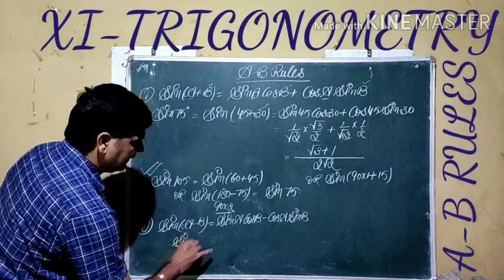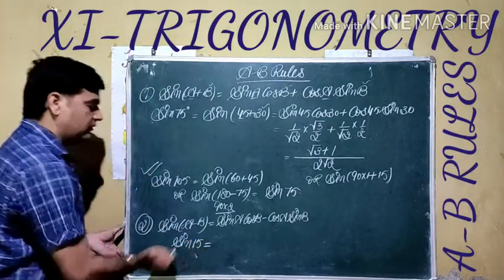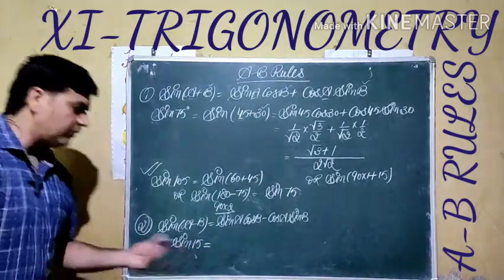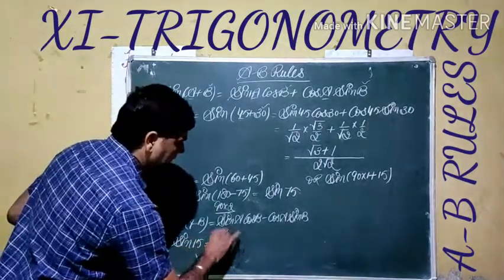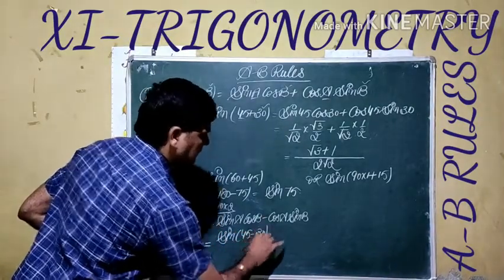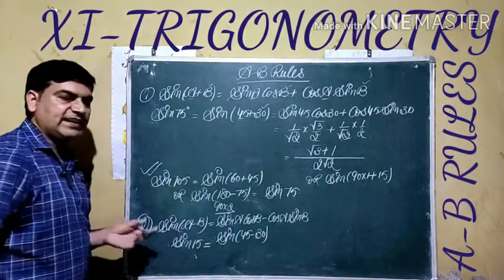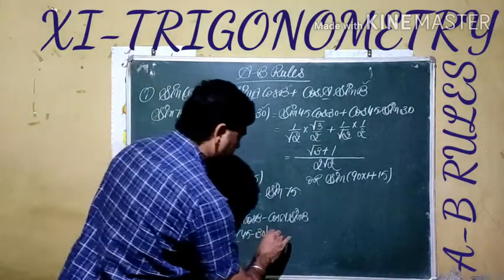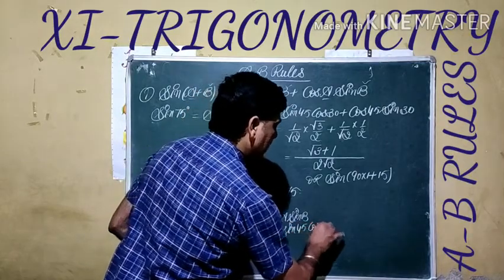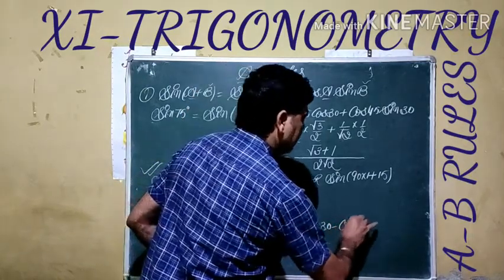We are taking an example of this one. Suppose we have to find sine 15. As you know, 15 does not come in the table, so we have to break it. It is not a sum of two angles, so we can try for a difference of two angles. There are two possibilities. First is 45 and 30. Second is 60 and 45. By using this rule, we get sine 45 cos 30 minus cos 45 sine 30.